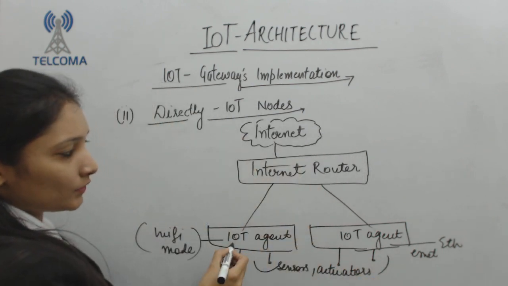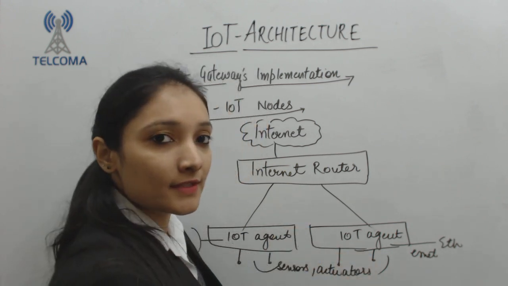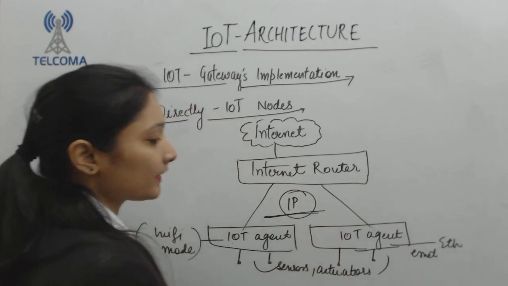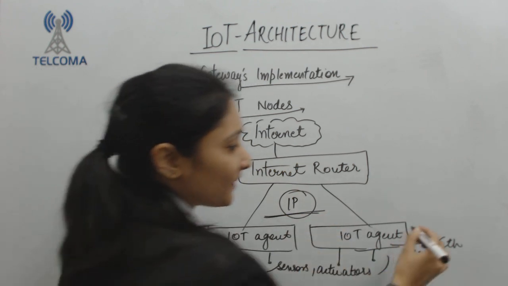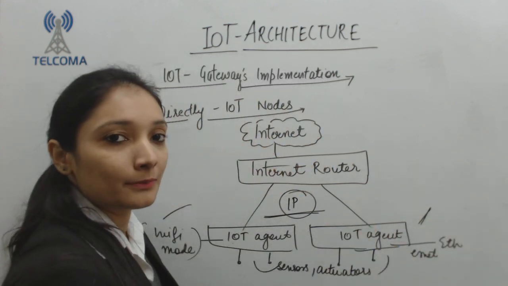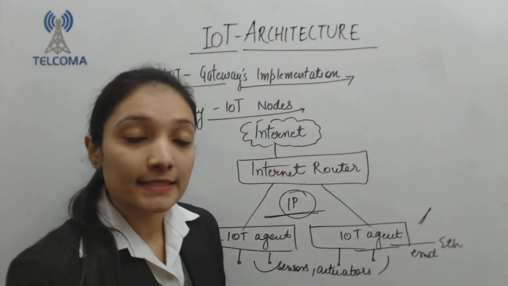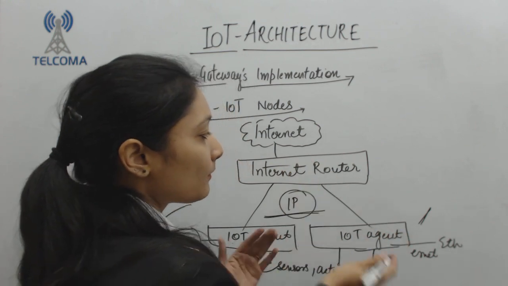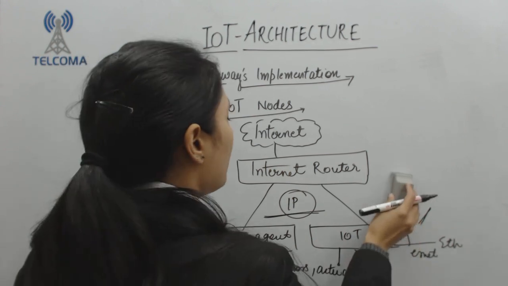These nodes are directly connected to the internet. When we have such a system, they are connected with IP, because you are using Wi-Fi and Ethernet. This connectivity is enabled with the help of your IP module. That means no gateway is deployed here. Simply these agents are performing the to-and-fro transfer of information.